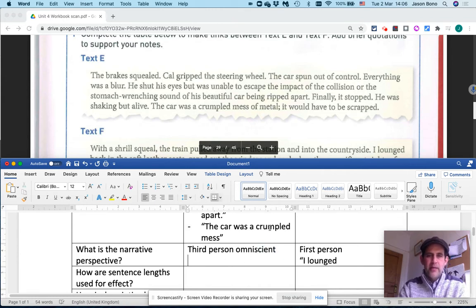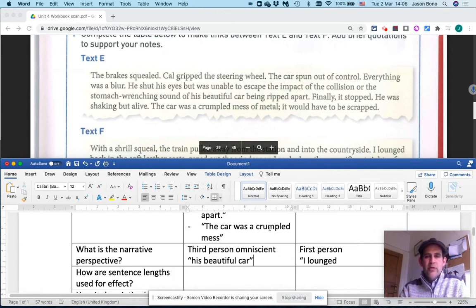I might say here, his beautiful car. Okay, they're using the pronoun his, which is third person, somebody else, him or her.